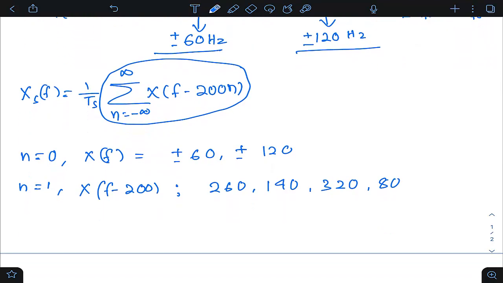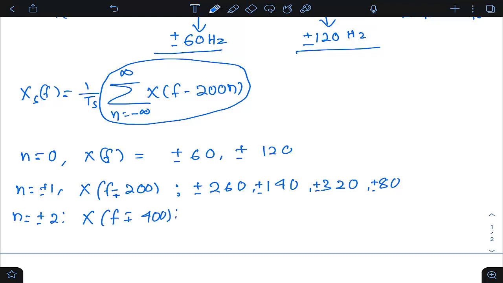But instead of n equals 1, you take n equals minus 1. If you take minus 1, you get x of f plus 200, and equivalently you will get the negative version of all this. In other words, for n equals plus or minus 1, the frequency components I will have are plus minus 260, plus minus 140, plus minus 320, plus minus 80. Now if I take n equals plus or minus 2, you get x of f minus plus 400.